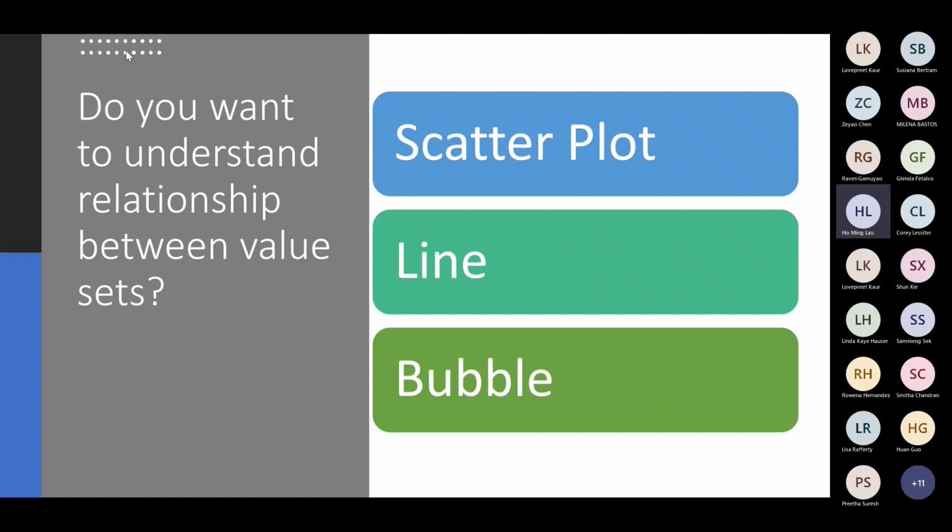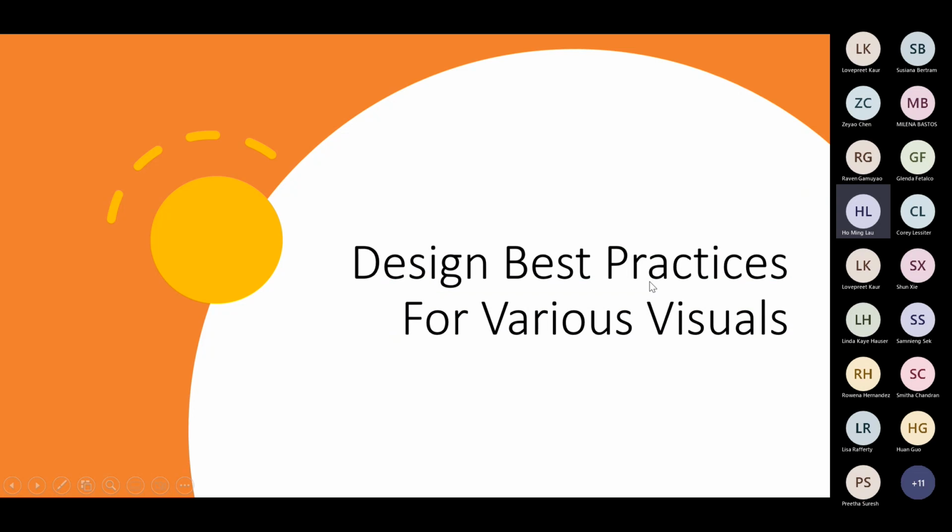And if you want to understand the relationship between value sets, then first comes the scatter plot. Sometimes you can also use a line chart and a bubble chart. Scatter plot and bubble chart are a bit similar. Now that is what chart should be used for which kind of data.